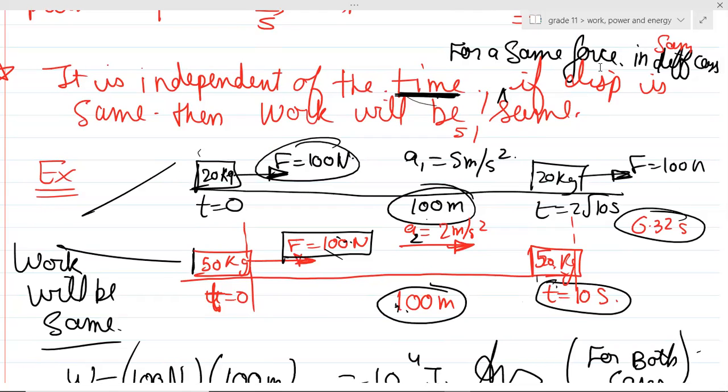Once you're done with this, we'll discuss the types of work: the positive, negative, and zero work.